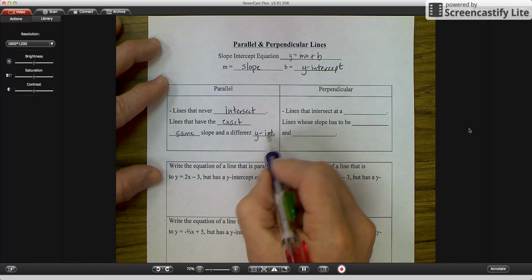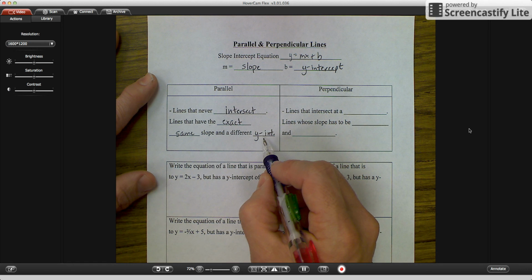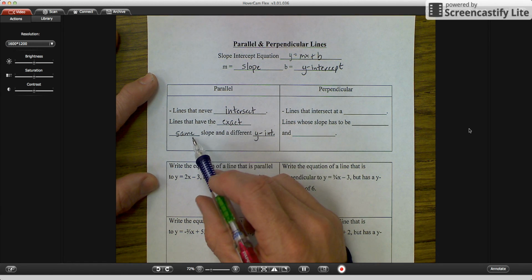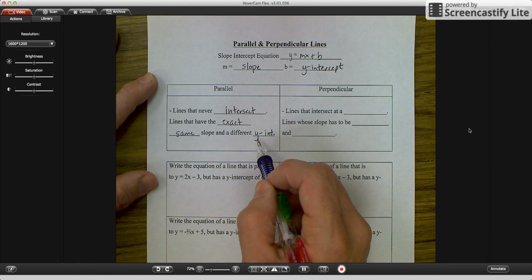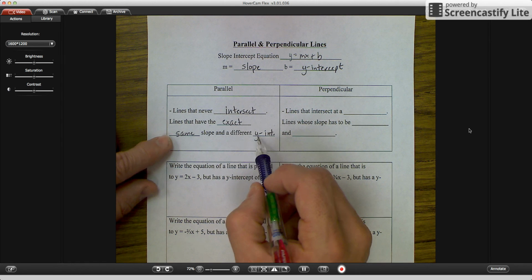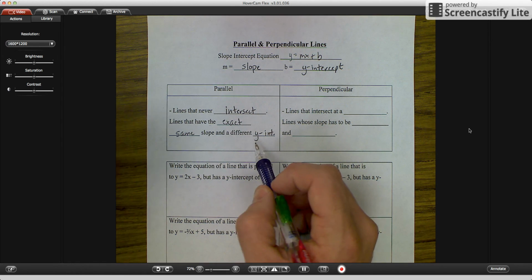I'm going to abbreviate y-intercept to there. The reason why they have to have a different y-intercept is because if they have the exact same slope and they have the same y-intercept, then it's the same line. So you can have the same slope and a different y-intercept and they are parallel.